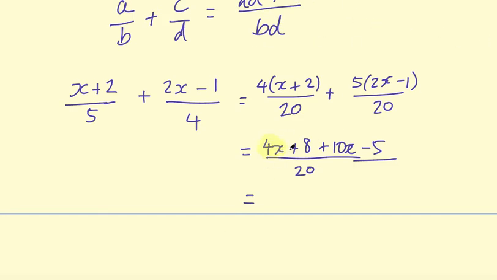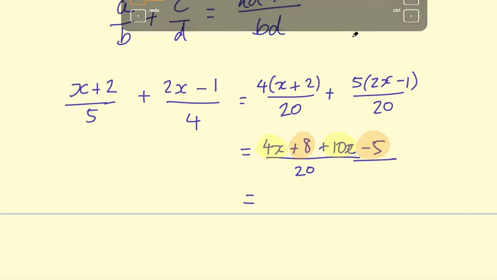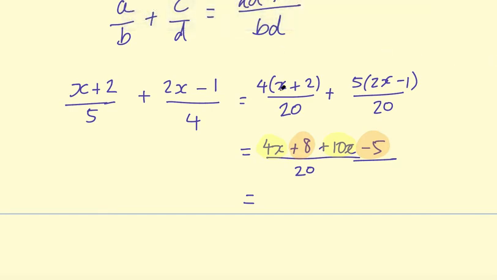So I've got 4x here and a 10x here, and the plus 8 and minus 5. Now we need to combine those like terms. So 4x plus 10x, that's 14x. And then 8 minus 5, that's plus 3 over 20.